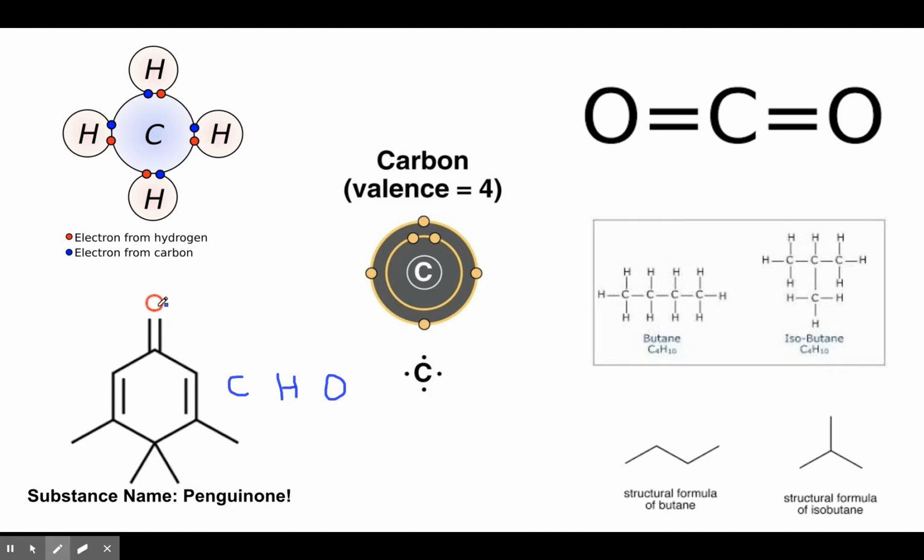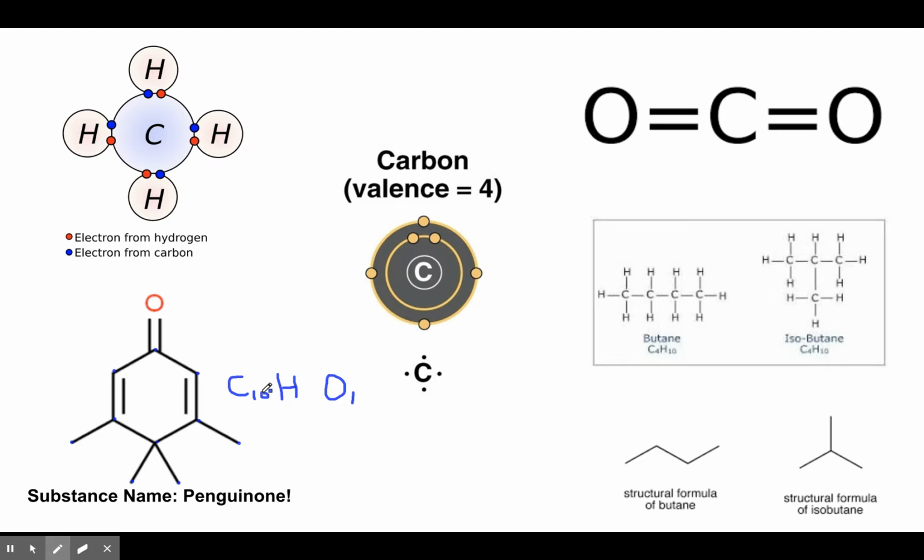Now, oxygen is the easy one, right? There's just one of those oxygens in this molecule. But let's start counting the carbons. So remember, any end or corner of a line is a carbon. So let's start here. We've got 1 there, 2, 3, 4, 5, 6, 7, 8, 9, 10. So we have 10 carbons in this molecule.